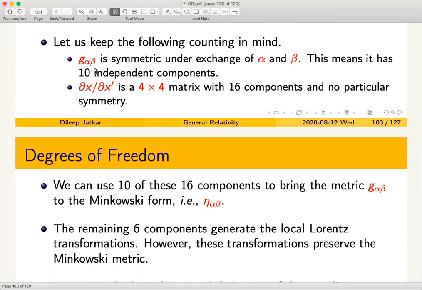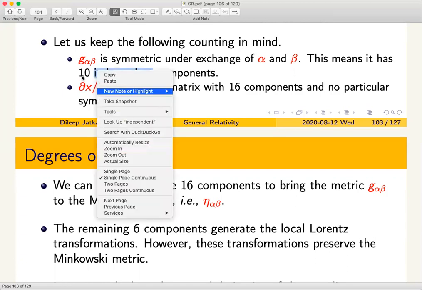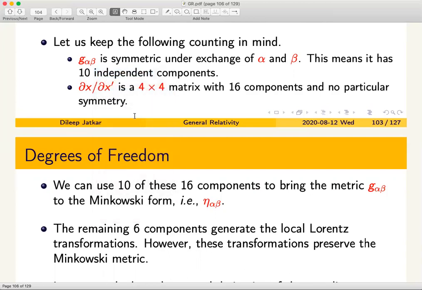non-singular, you need minimally 4 quantities to be non-zero. You may have more than 4 quantities non-zero, but minimally 4 non-zero. But the thing is that you should be able to fix those values. So out of these 16 parameters, 10 of them are good enough to fix 10 of these.